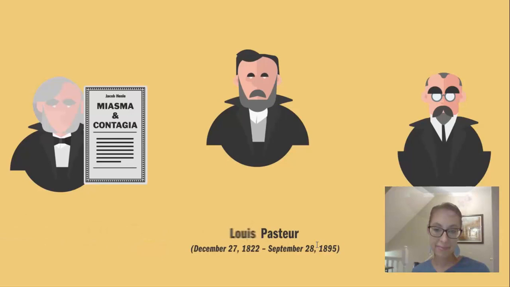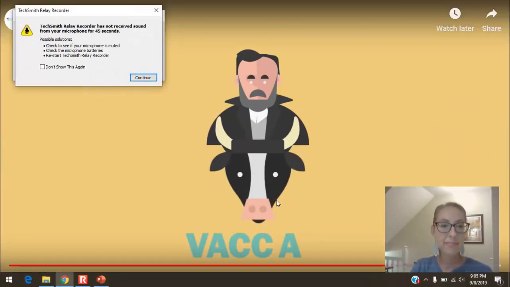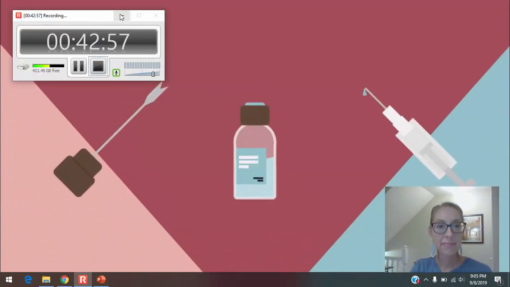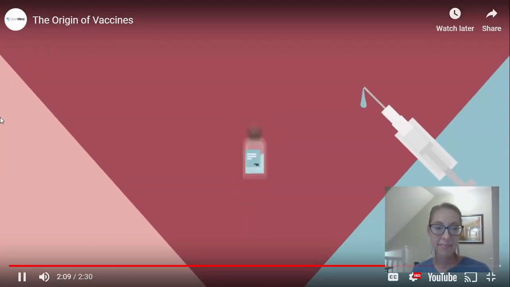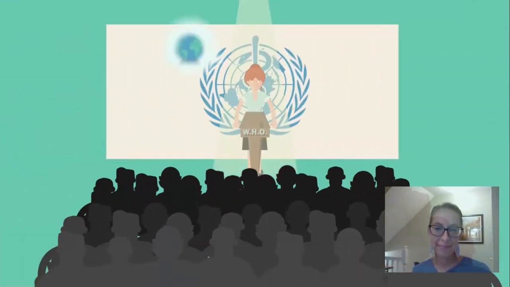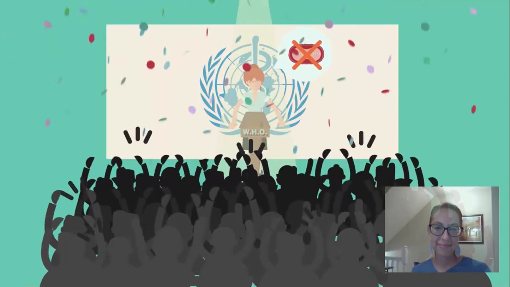Decades later, Louis Pasteur, inspired by Jenner's experiments, showed that attenuated microbes could be used to prevent diseases, and he proposed the terminus vaccine in his honor. Almost 200 years after Jenner's experiments, and thanks to global vaccination campaigns, in 1980, the World Health Organization announced one of humanity's biggest achievements, the complete eradication of smallpox, the most deadly infectious disease in history.